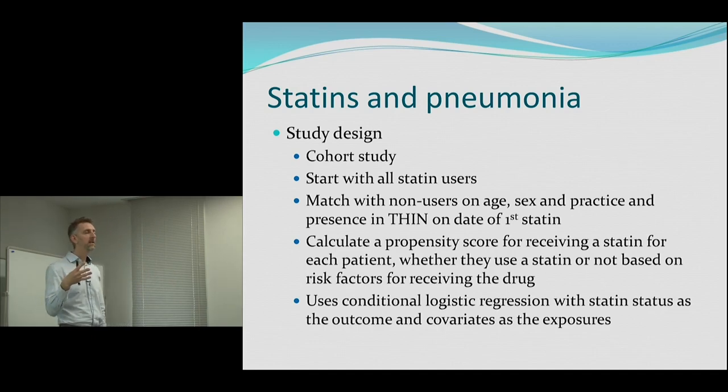We then calculated a propensity score for receiving a statin based on a whole range of variables, which I'll show you in a minute, a range of variables which we thought may influence a doctor's decision to prescribe a statin. And this was using conditional logistic regression with statin status as the outcome, so yes or no, and the covariates as the exposures.